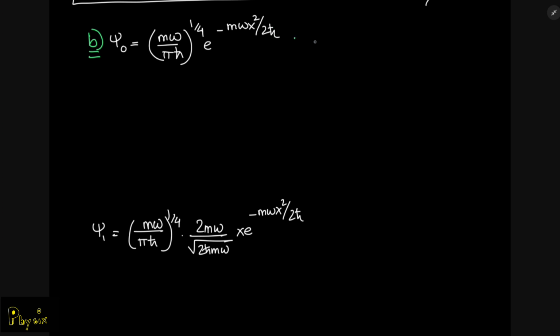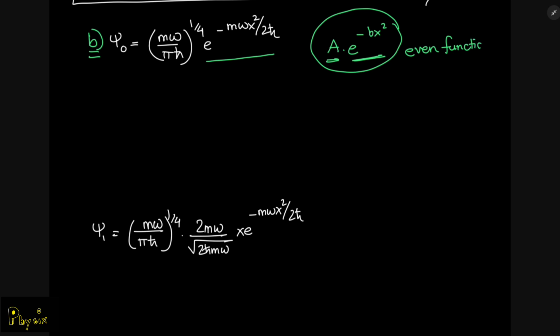Notice this entire expression over here. We have an exponential of the form e^(−bx²), where b is any constant, multiplied by some arbitrary constant a. Notice that the exponential function e^(−bx²) is an even function times just a constant. So this entire function is an even function, right?